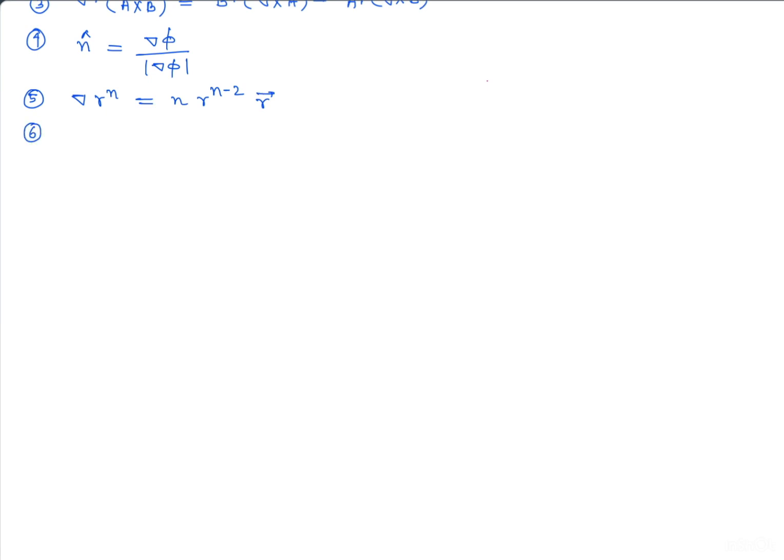Number 6, divergence of r cap by r square equal to 4 pi del cube.